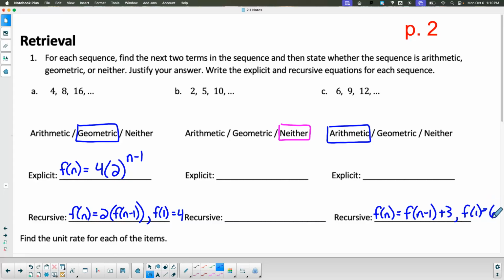And then this would be f of n equals 3 times the quantity n minus 1 plus 6, or 3n plus 3. With me on that one? Okay, love it.